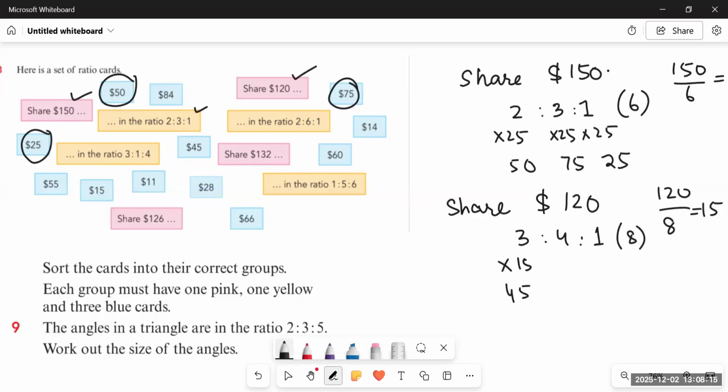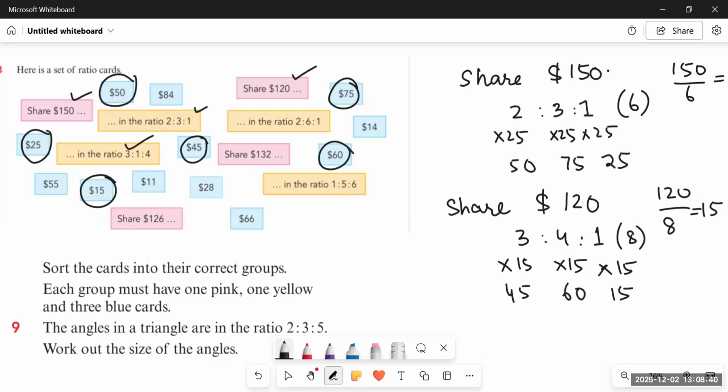That's 45. 15 by 4, that's 60. And 15 by 1, that's 15. So here we have 60. Here it's 45 and 15 here. See, so we are done with 2.